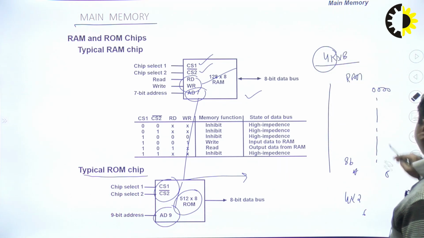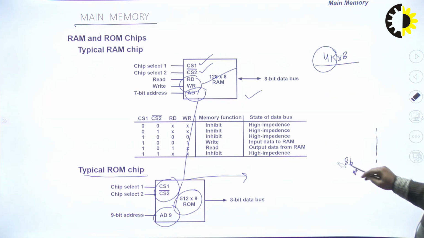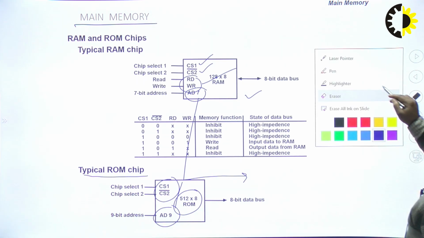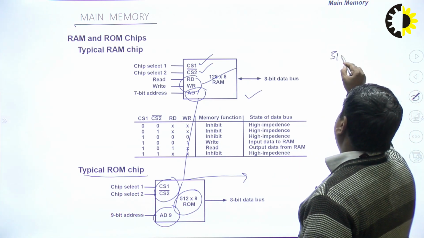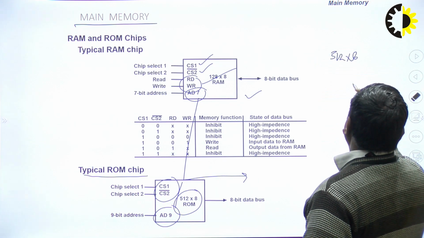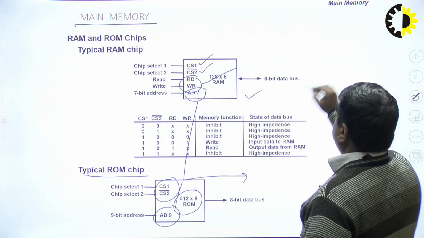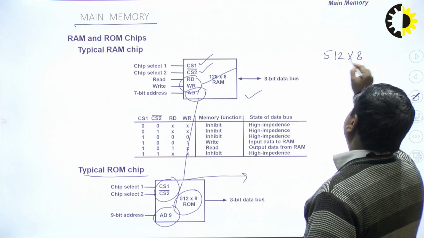We discuss this with the help of numerical examples. Suppose the size of memory is 512 cross 8.